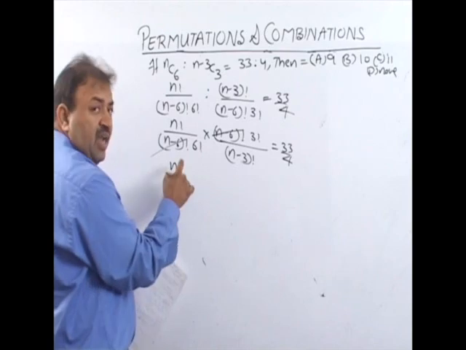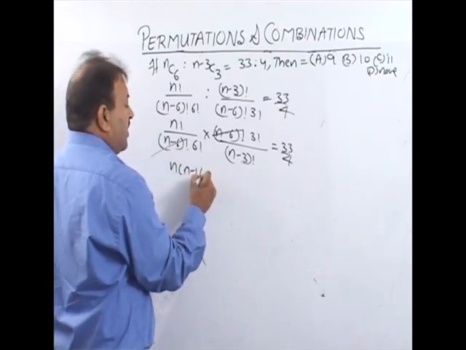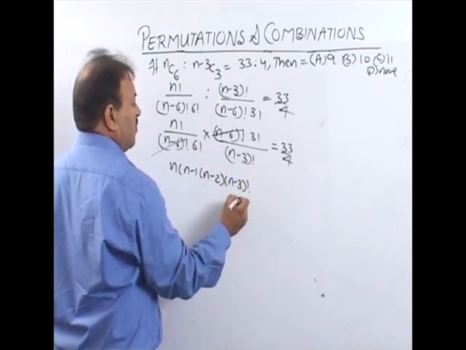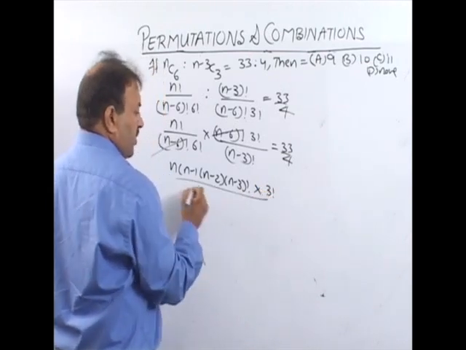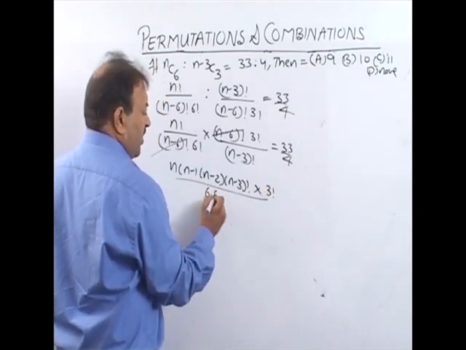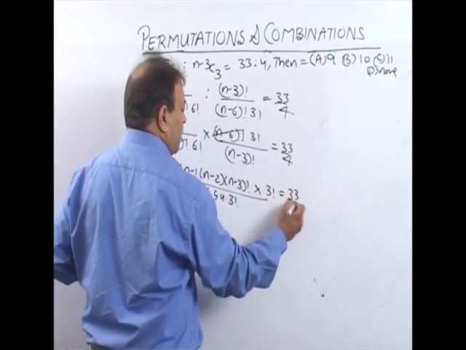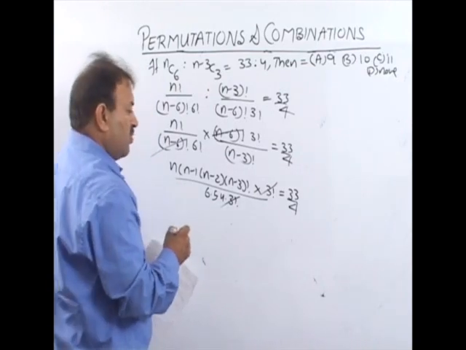I can say n can be written as n minus 1, then n minus 2, then (n minus 3) factorial into 3 factorial upon 6, 5, 4, 3 factorial is equal to 33 by 4. 3 factorial and 3 factorial will be cancelled out.